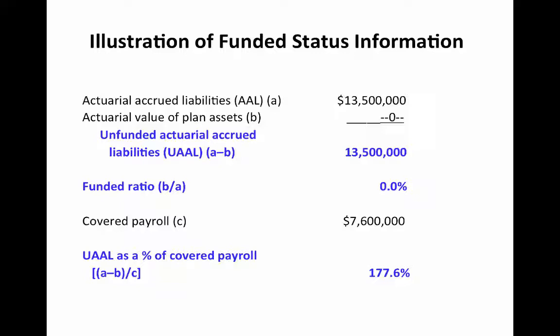And so having this ratio that compares the liability with the total payroll of the government gives you a sense of how big a deal it is. For that $1 billion budgeted government, this percentage would be much smaller than it would be for the government that has just a $1 million annual budget.